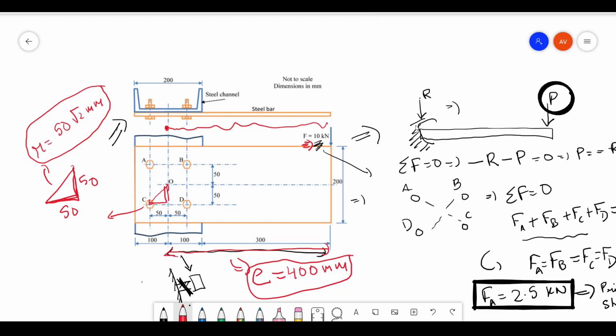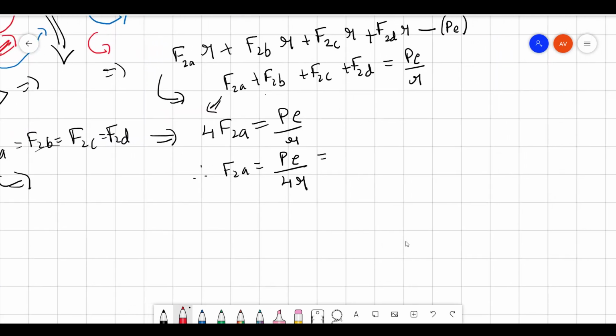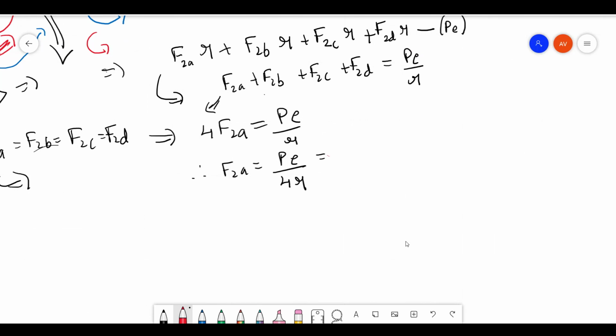And let's use this value. So what do you get here? 10 kilonewton into eccentricity 400 by 4 into 50 root 2, which will turn out to be roughly 14.142 kilonewton.